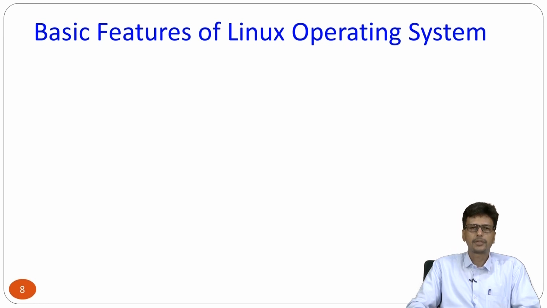Now the basic features of the Linux operating system. As you already know from the previous blocks, you have seen various functions of an operating system that are generalized, but we are focusing here on Linux. These are some basic features, not a limited list. First one is portable. Portable means the mobility feature.